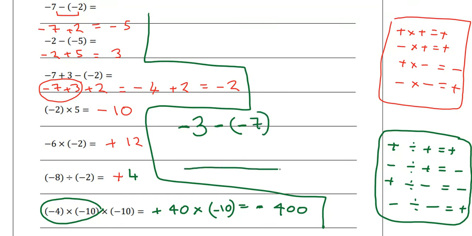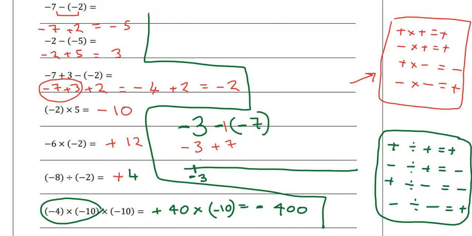So if we were to consider a number line for this question, we begin at negative 3 and we need to decide how we're going to deal with these double negatives. Well, that is the same as negative 1 multiplied by negative 7, and using our rules of negative numbers here, that gives a positive.